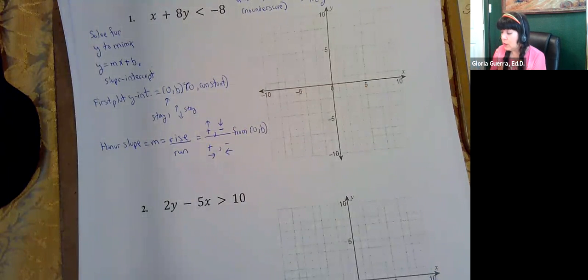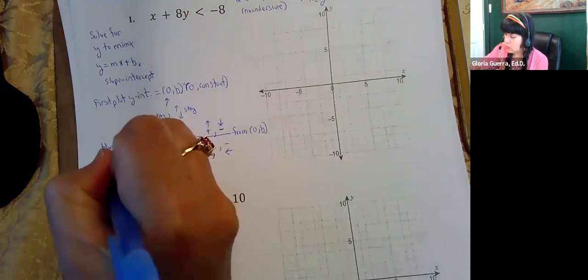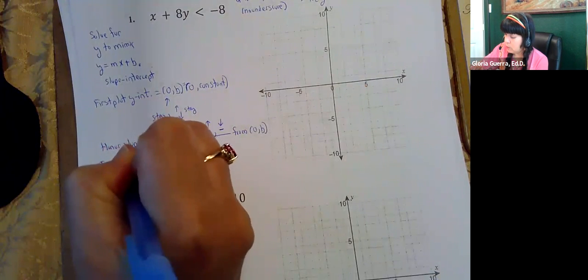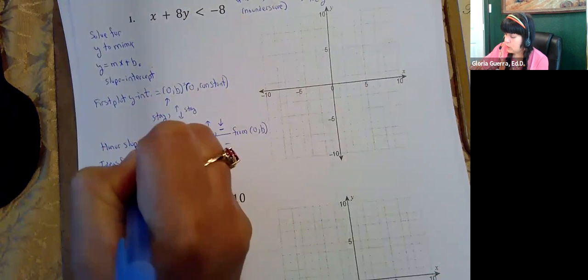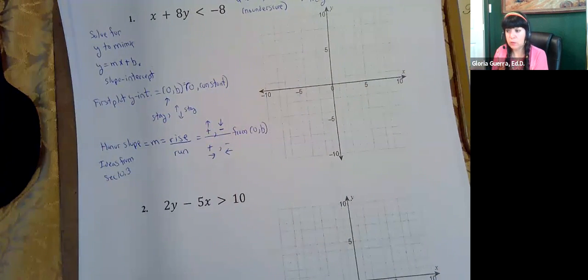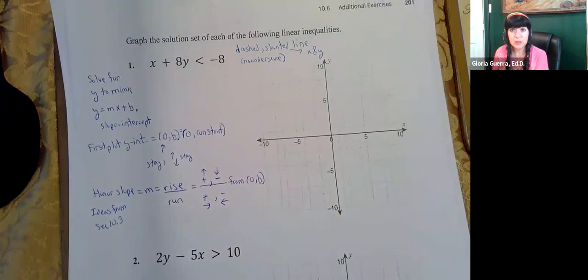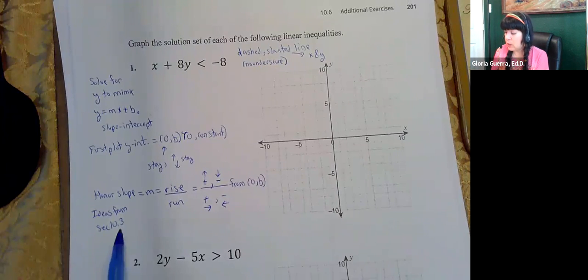Those are ideas from section 10.3, I believe. So we get to skip 10.5, but here we are in 10.6, needing to rely on math concepts that we learned back in 10.3. Math is linear, it does build on itself.